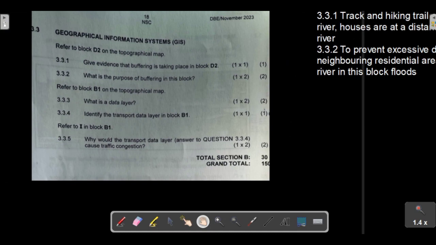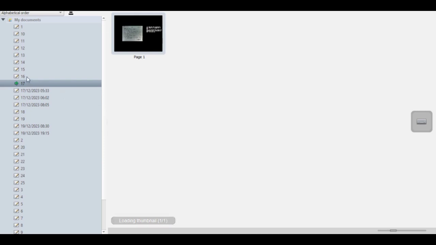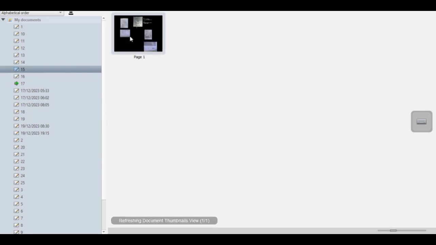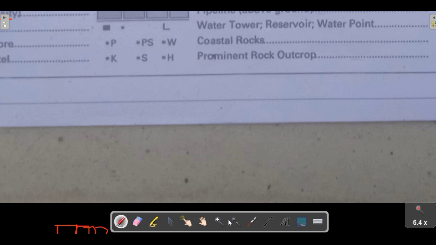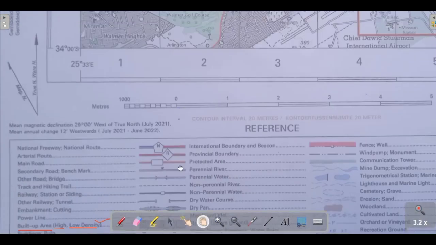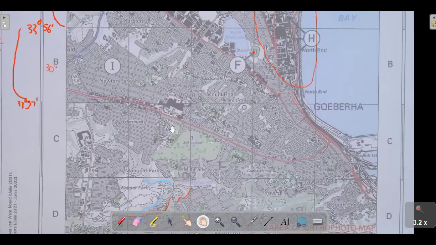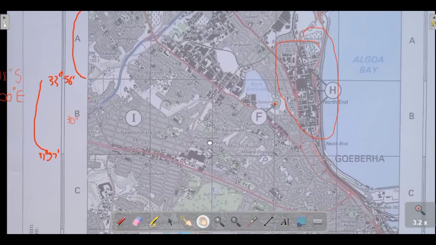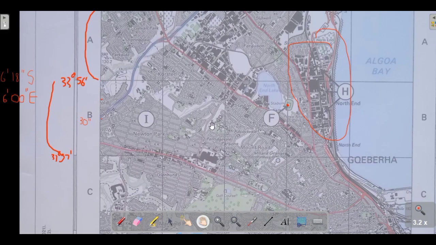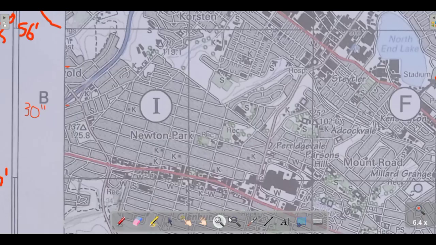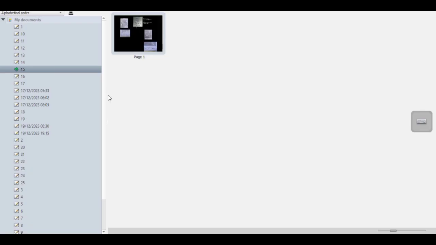Okay, let's look at B1. Where's B1, guys? B1, B1, B1, B1. There we go. So this is B1. Okay, what about B1?